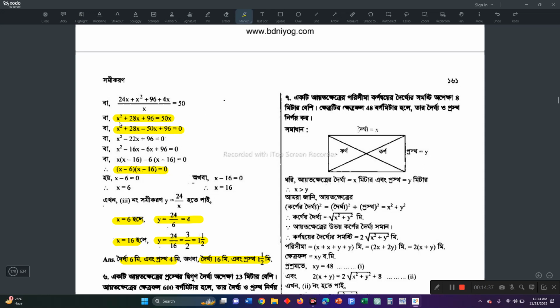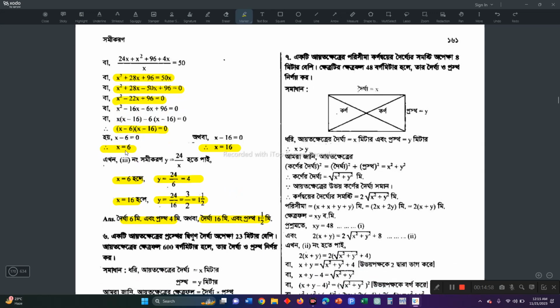Then we further get the quadratic equation, x square plus 20x plus 96 is equal to 50x, then x square minus 30x plus 96 is equal to 0. That means x minus 6 into x minus 16 is equal to 0. That means either x is equal to 6 or x is equal to 16.